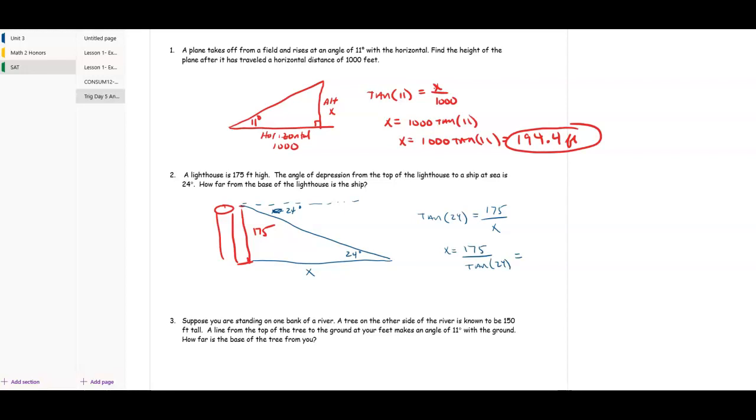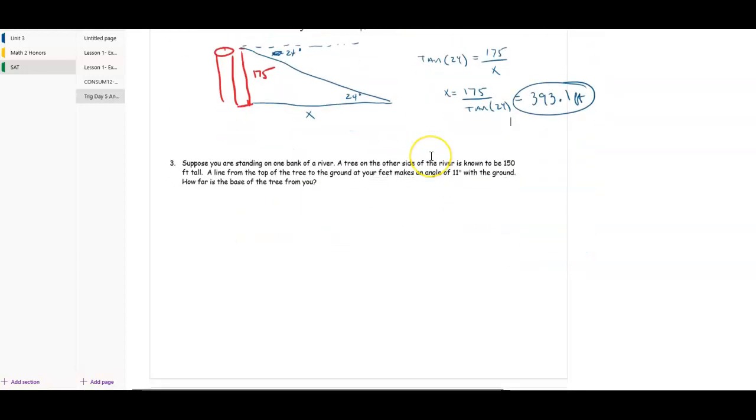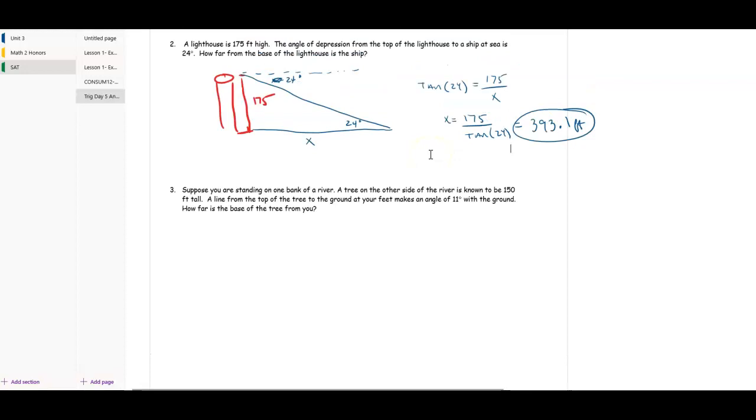And right away, 175 divided by tangent of 24 gives you 393.1, and that would be feet. Okay. So again, knowing how to label the diagrams is the key part here.